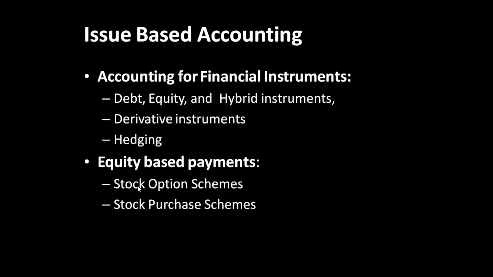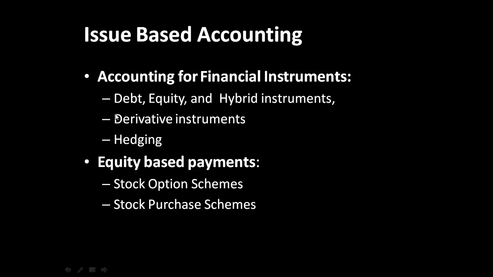One of the important changes that we see now in the Indian accounting system is the discussion around the accounting for financial instruments, and that is a major contribution of IFRS 9. So IFRS and Ind AS and even AS actually started talking extensively on financial instruments, accounting for debt instruments, accounting for equity instruments, and accounting for hybrid instruments, which have the features of both debt and equity.